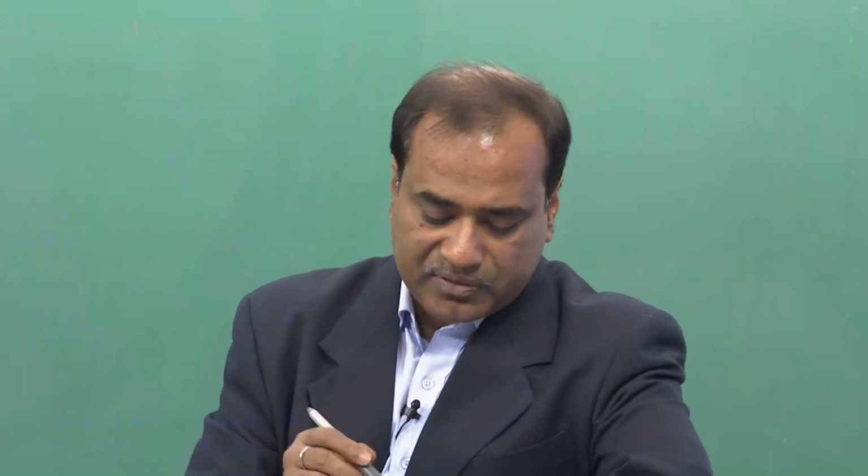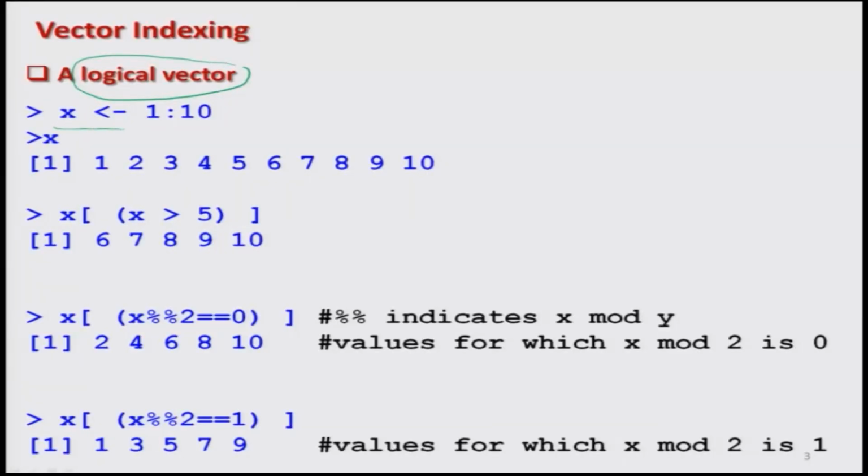For example, suppose I try to generate a sequence of numbers which are stored in the variable x as 1 colon 10. That means a sequence starting from 1 to 10 at an interval of 1 unit. So if you try to get this sequence, it will look like this.